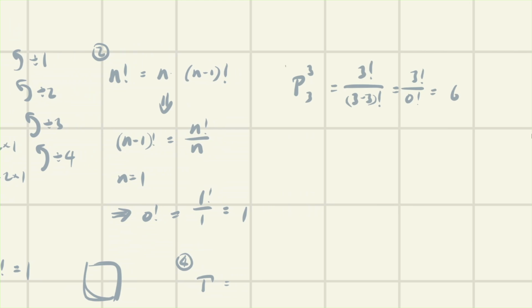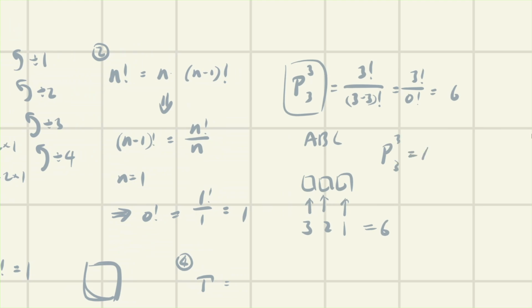And what does P3 choose 3 mean? From 3 objects A, B, C, you put them into 3 different blocks. For the first block you choose from 3 objects, then 2, then 1, so it's 6, right?